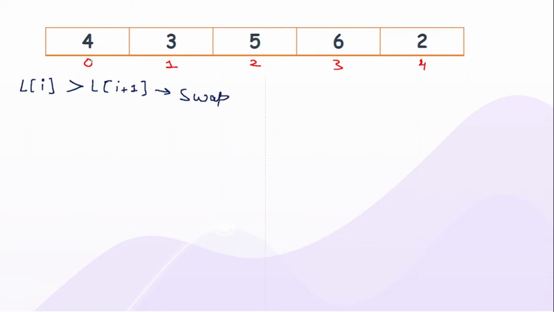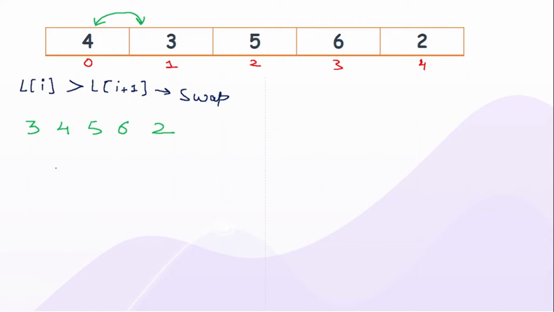In this case, we start with the number 4 and compare it with the next element, which is 3. Since 3 is smaller than 4, I'll swap these two numbers. After swapping, my list will become 3, 4, 5, 6 and 2.